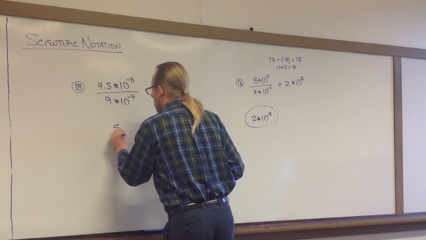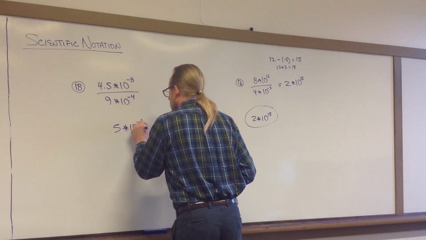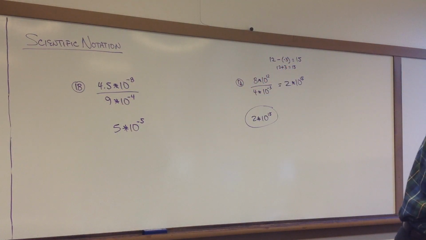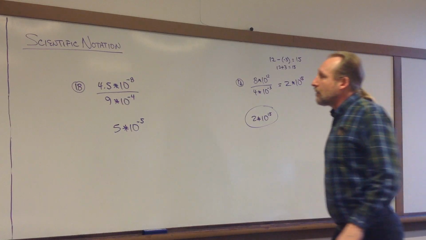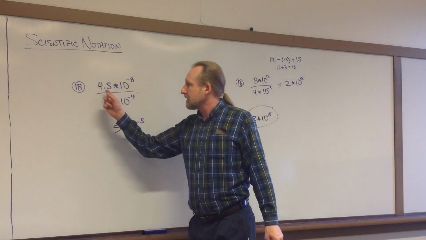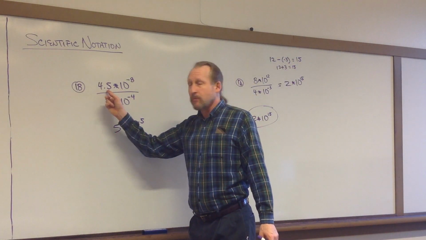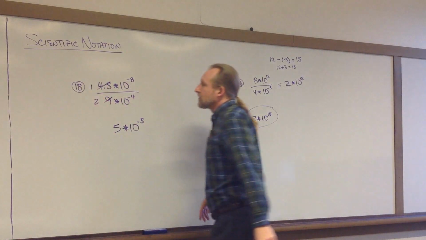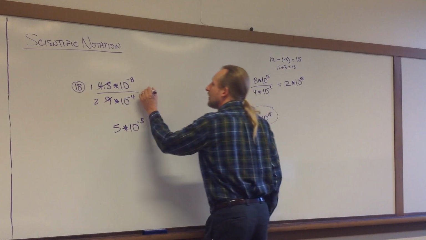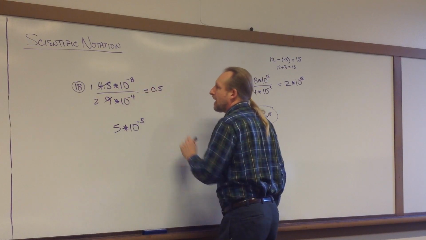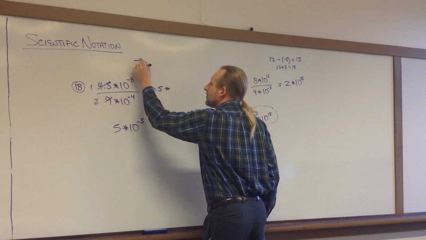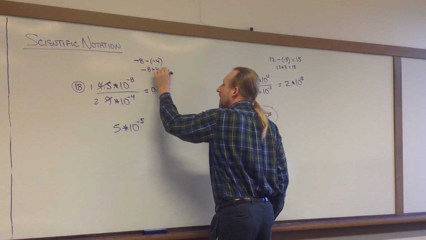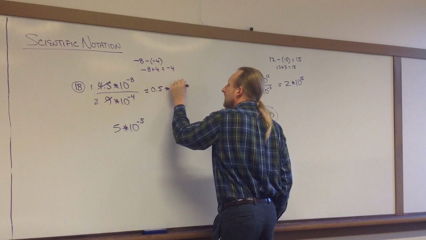That gives me 5 times 10 to the minus fifth. Now this is a little bit trickier to do without the calculator. One thing you can recognize is that this is 1/2, right? 4.5 times 2 is 9. So this is equivalent to 1/2. So we can call that 0.5. And then we've got to do minus 8 minus negative 4. And that's going to be negative 4.